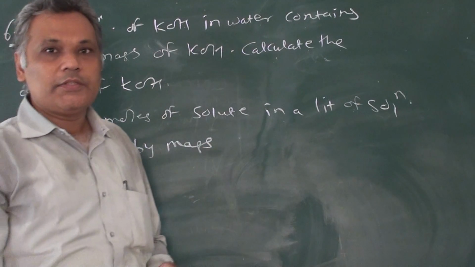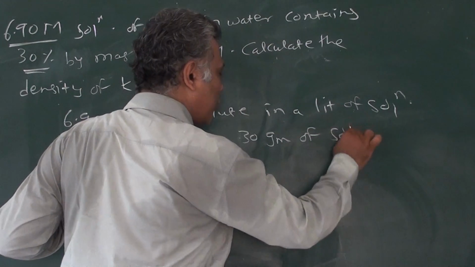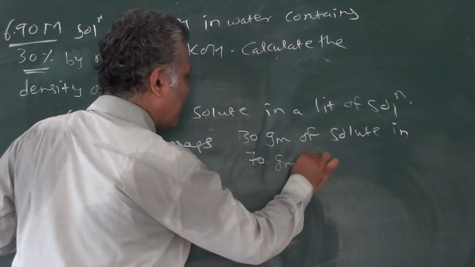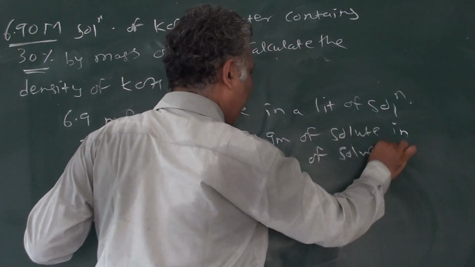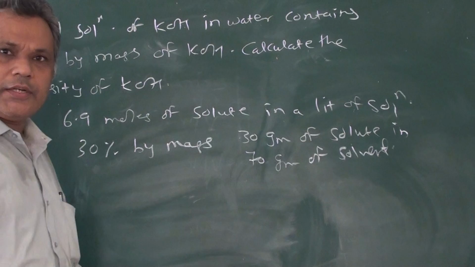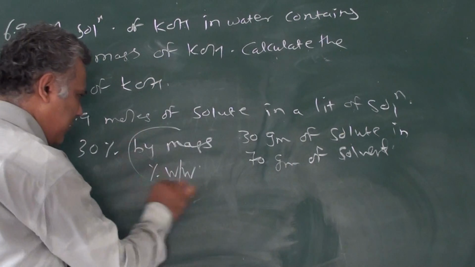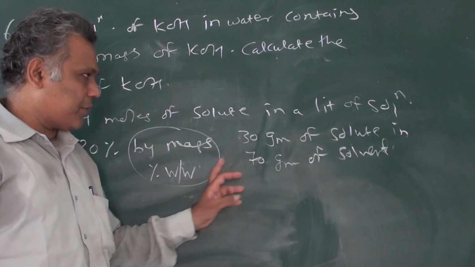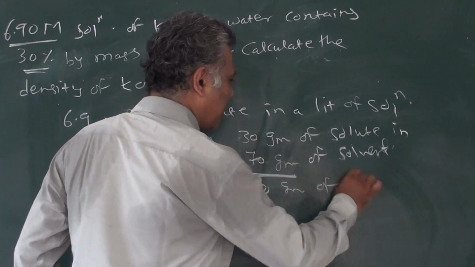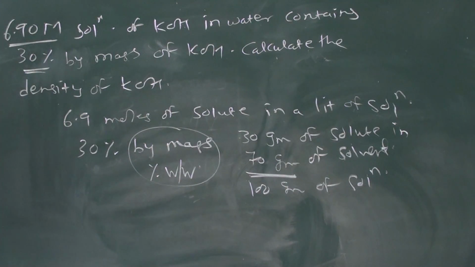It indicates what? 30% by mass means 30 gram of solute in 70 gram of solvent. Now see why I did it like this. Yesterday we saw in the lecture, by mass means percentage of W by W. And when we are having percentage of W by W, it means the total is 100 grams of solution. These are the two factors that are given to me.